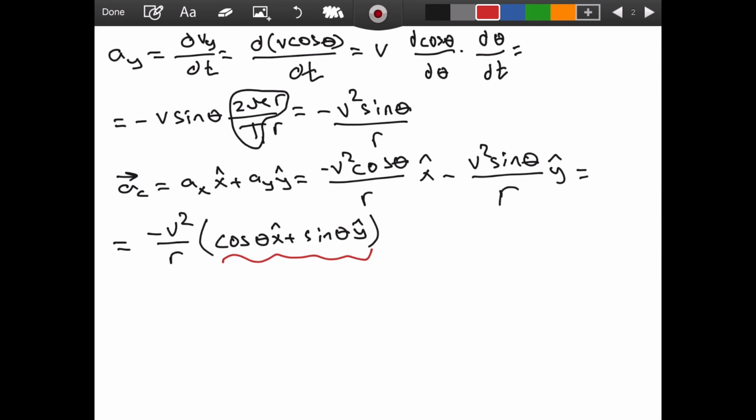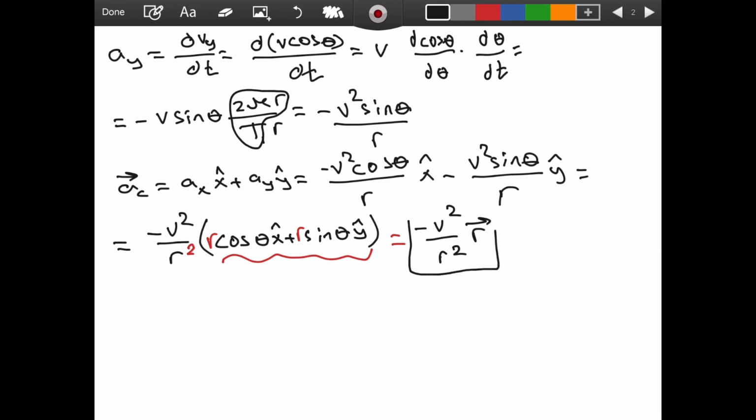Let's multiply with r. An r here and an r here. But since we multiplied, we need to divide by r as well. So a square here. And now we can say negative v squared over r squared times our position vector.